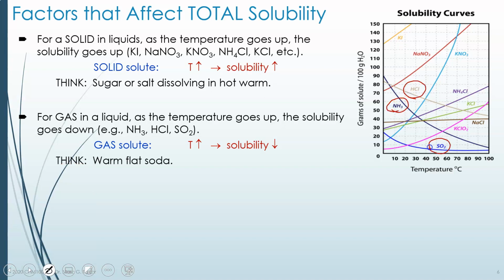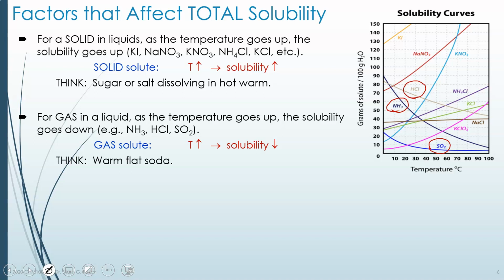And here are the 3 gases on this chart. Hydrogen chloride gas, which dissolved in water becomes hydrochloric acid. NH3, which is ammonia, which dissolved in water can make some ammonium hydroxide. And SO2, which dissolved in water can make sulfurous acid.